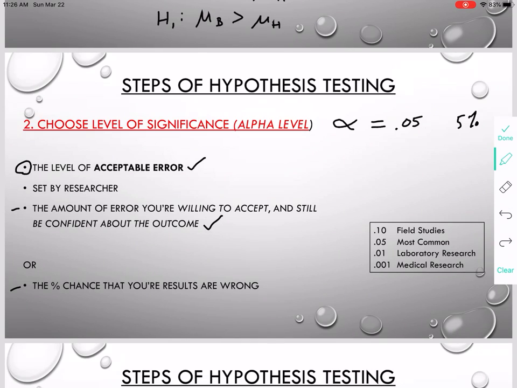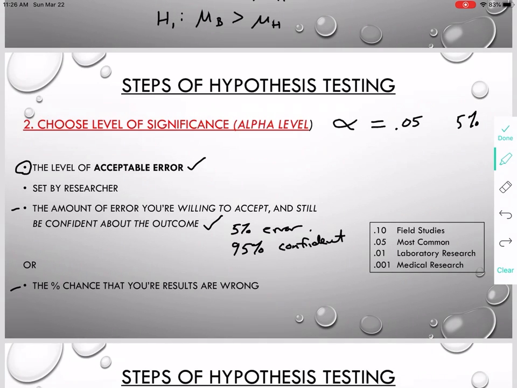So if I'm accepting 5% error, 5% is my acceptable error, that means that when I get my results, I'm 95% confident or sure that my results actually mean what I think they mean.